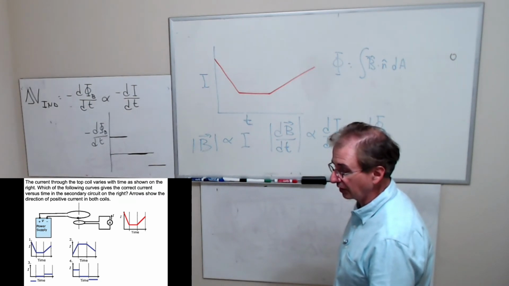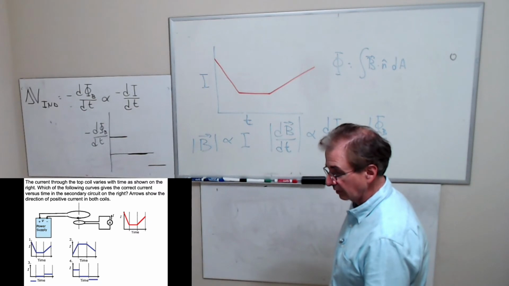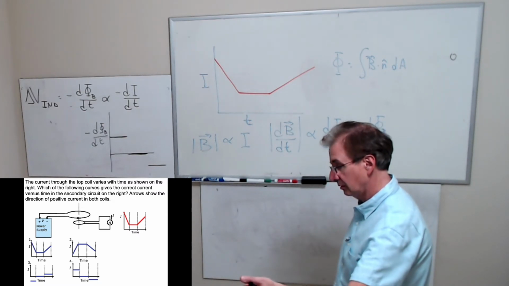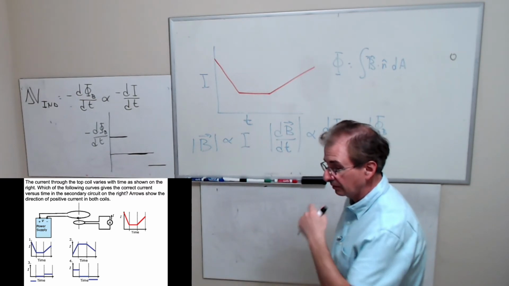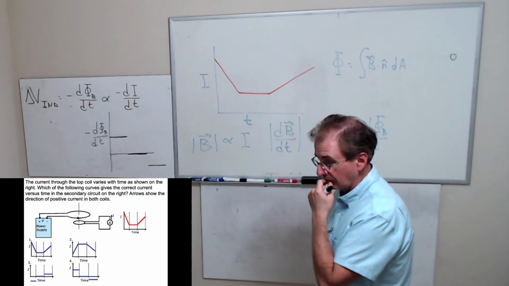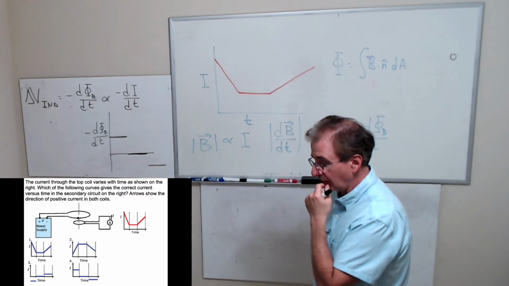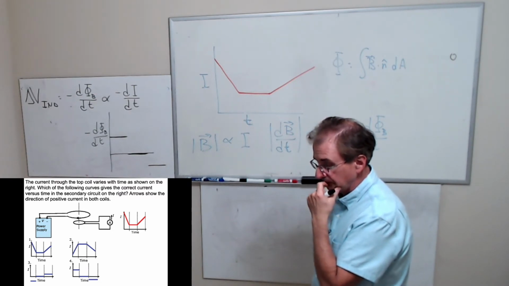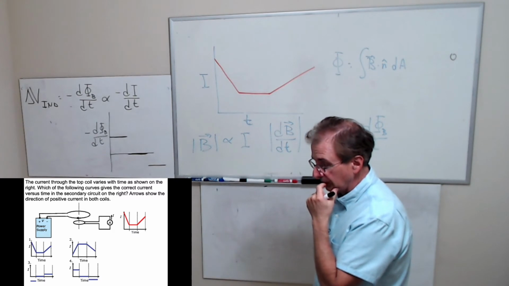Because which way is the current going to go in that loop? If you look from the top, if you look at the top, the current's going clockwise. Then shouldn't the induced current be clockwise?